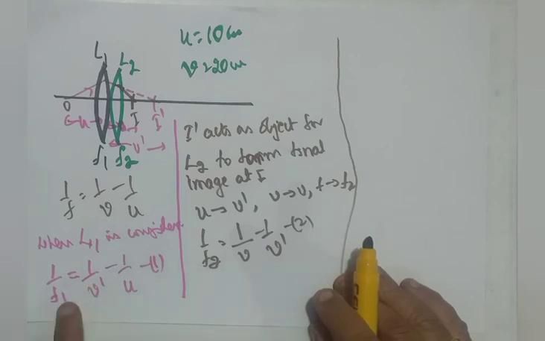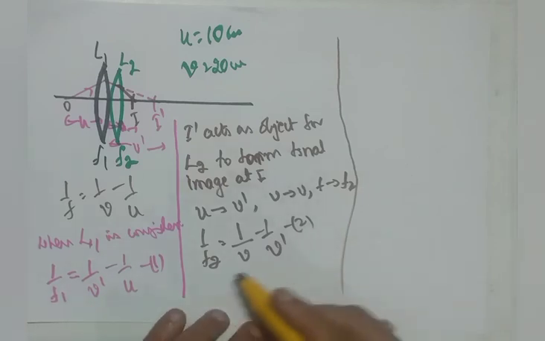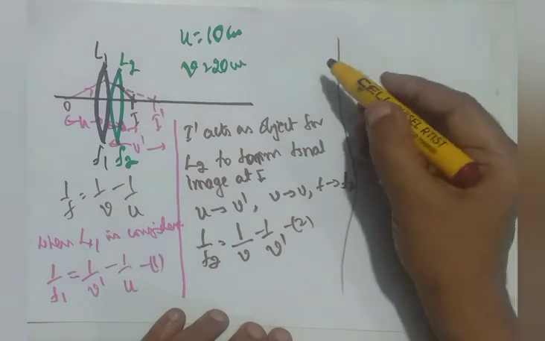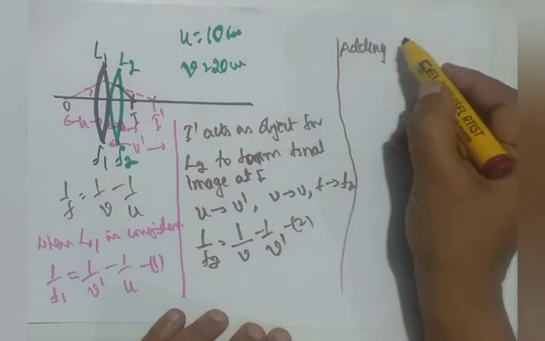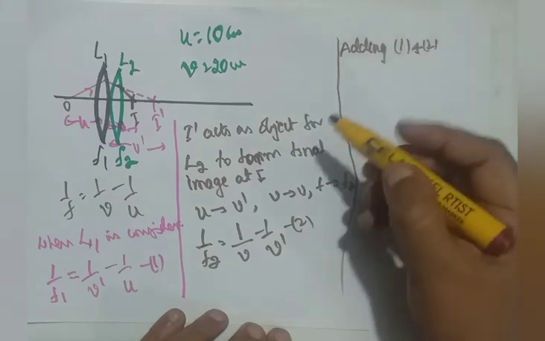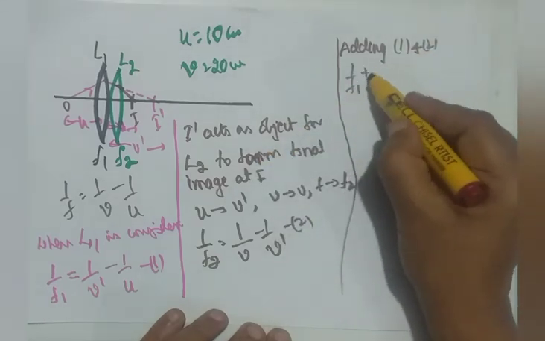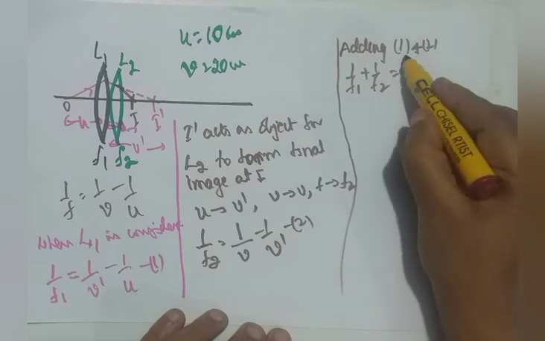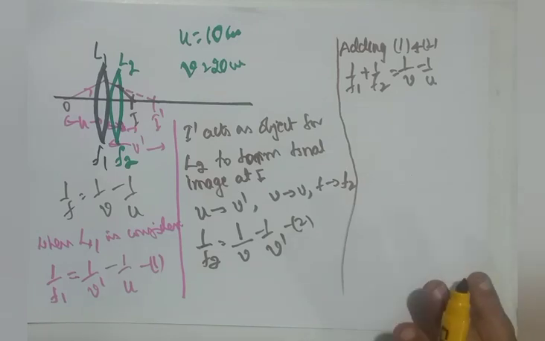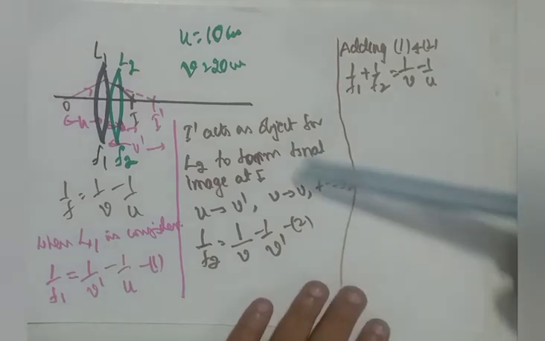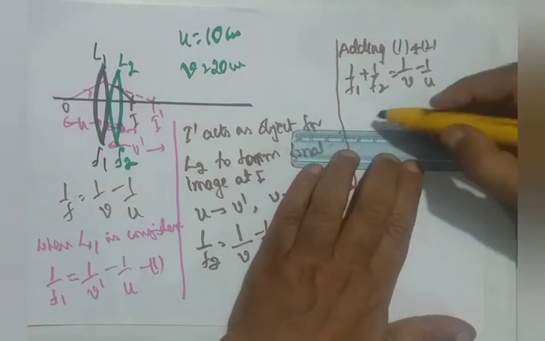From 1 and 2, by adding the two, we get the final relation. Therefore, adding 1 and 2, we get 1 by F1 plus 1 by F2 equals 1 by V minus 1 by U. But observe, as we said in the beginning of this derivation, we can replace this combination of two lenses by a single lens, and I write the figure for that.